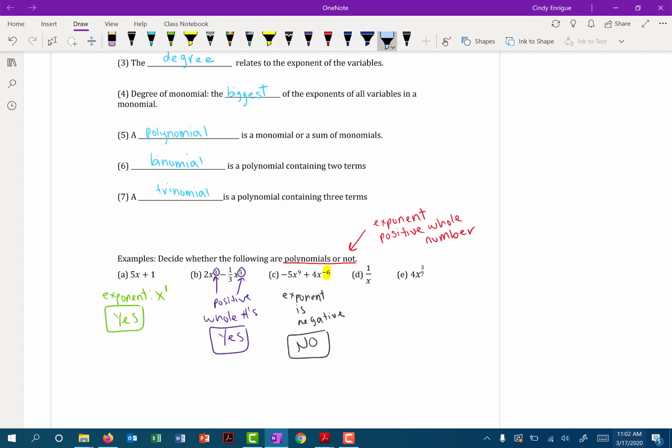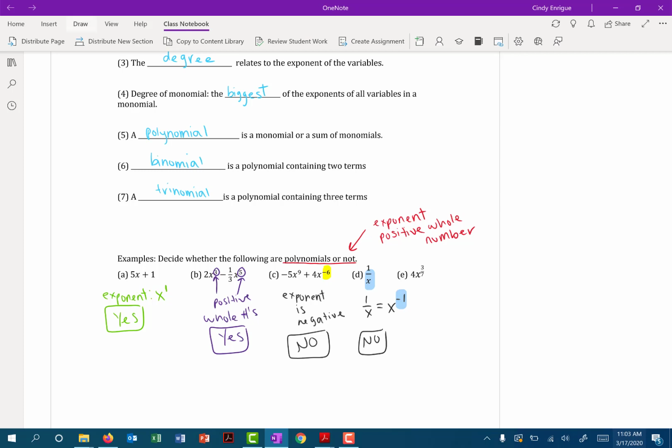For part D, this 1 over x, from our rules of exponents that we learned in section 5.1, we can rewrite this. 1 over x is really x to the -1, which tells us that the exponent is negative. We don't like that. Therefore, it is not a polynomial.